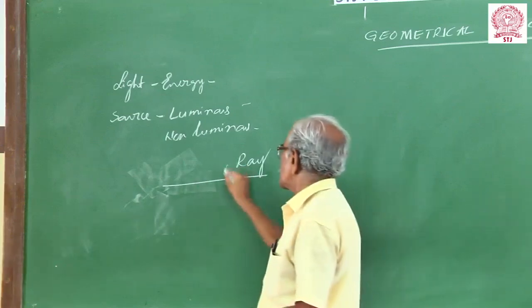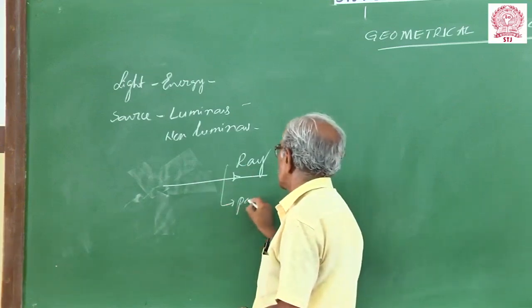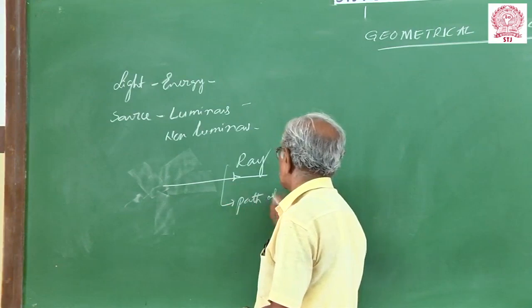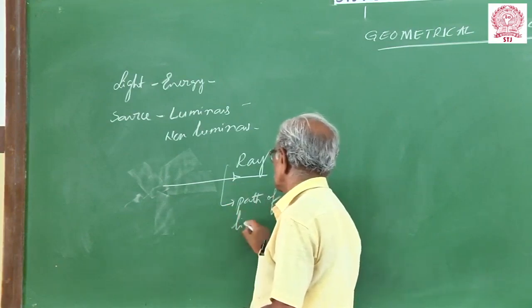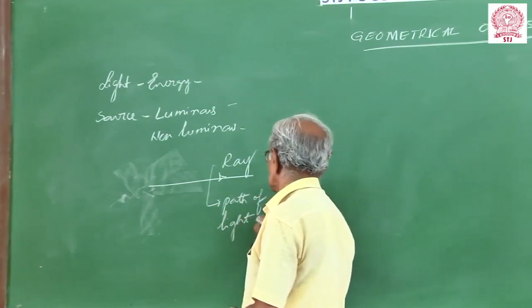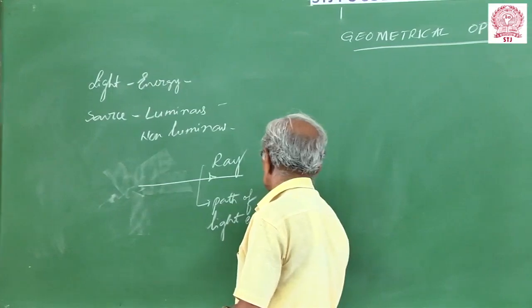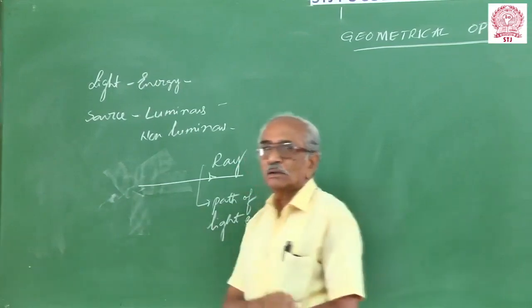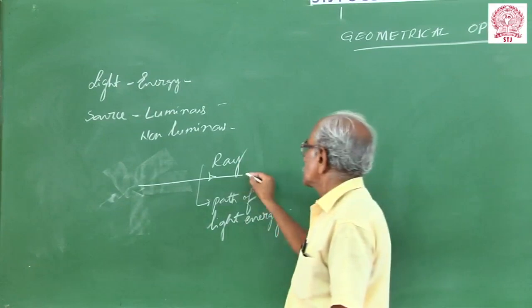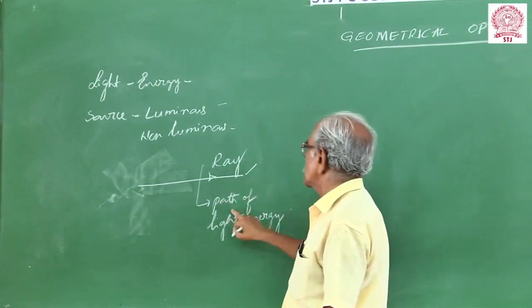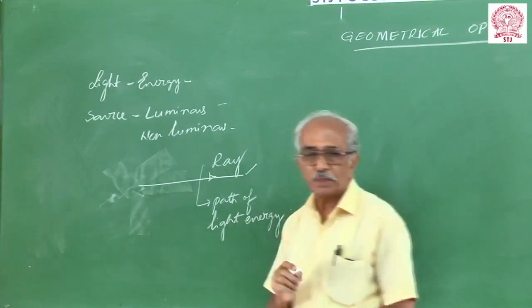Now, a ray is the path of light energy. So this represents the path, this represents the direction.